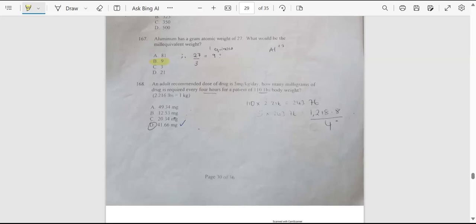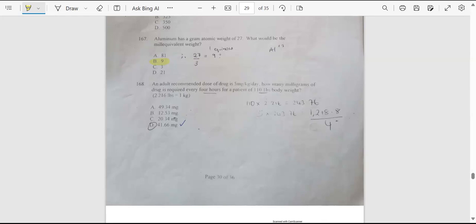So just this 0.83 multiplied by the kgs, which we found, 48 or 49 or what. I think it was 49.6. Yeah, you get your answer 41.66, D.